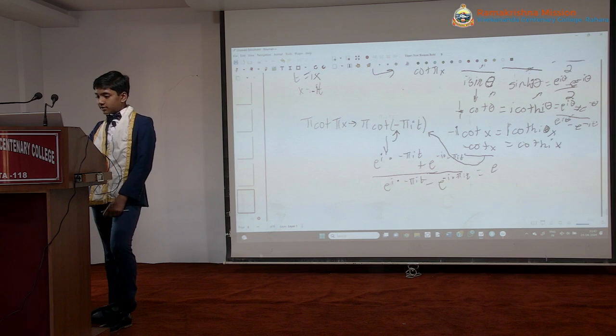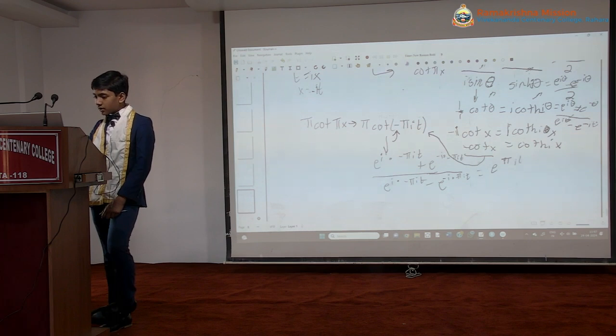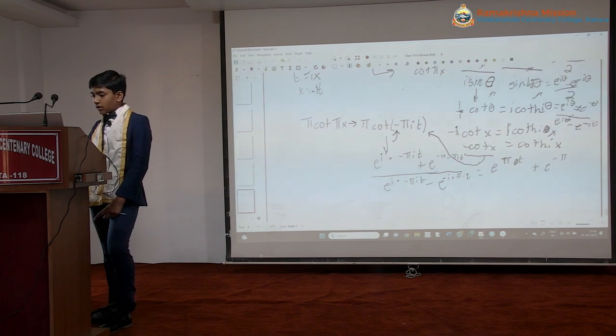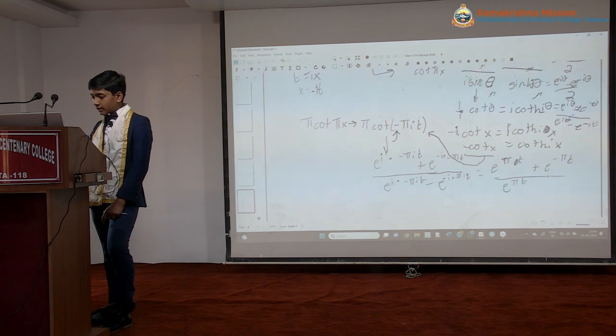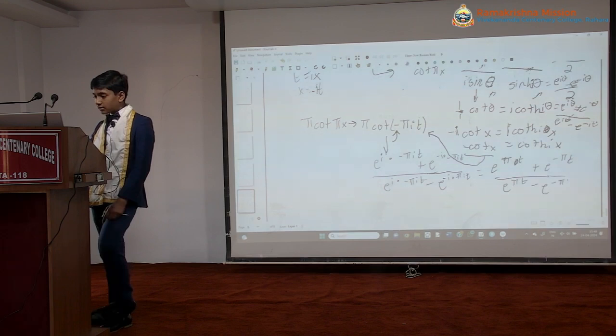So let's reduce that, because there are two i's in each one. So it should be not too hard. Wait, why is there an i here? Oh, so this is just minus pi t. This is negative pi t. This is pi t, and this is negative pi t.